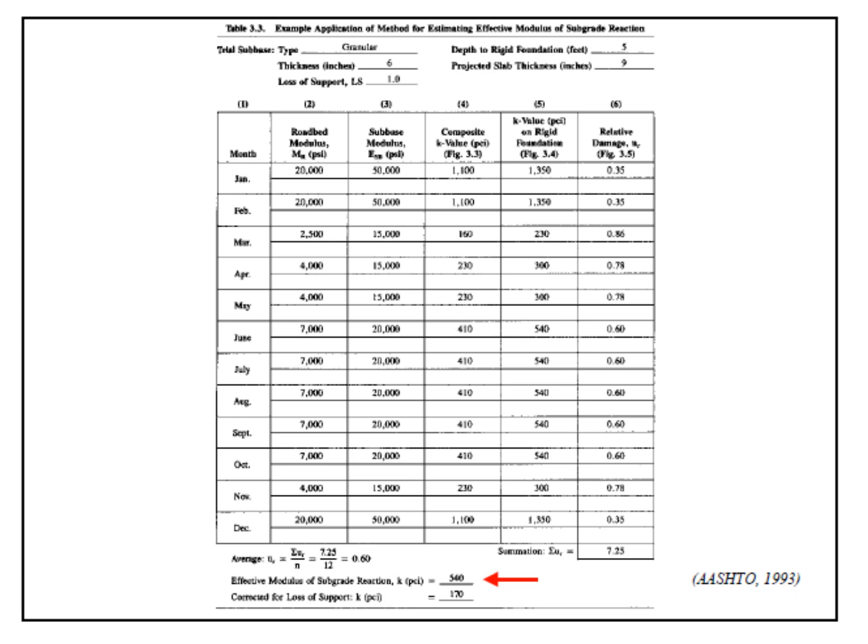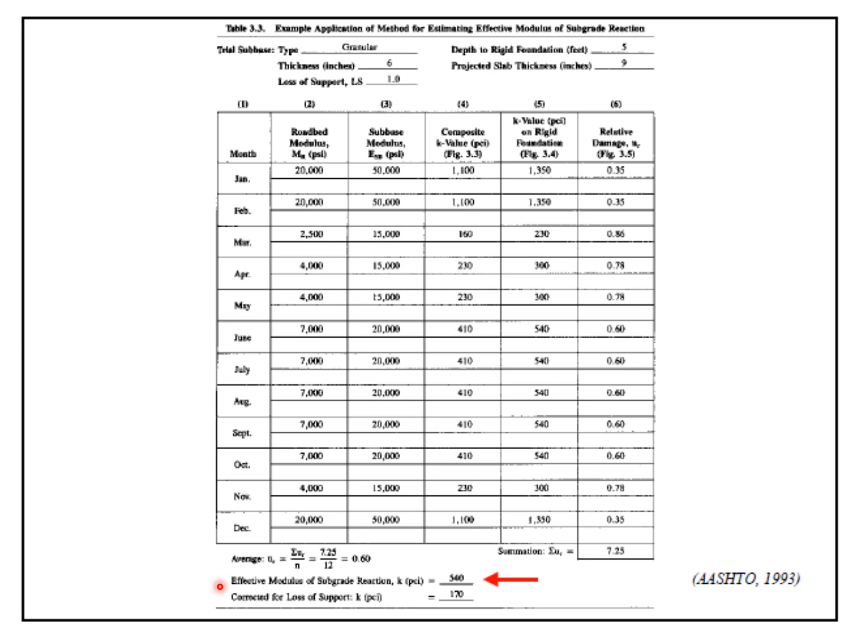relative damage value. And then you can see the next thing mentioned over here, that is the effective modulus of subgrade reaction in PCI, and then corrected for loss of support. Well, I will explain this, but on this particular slide I think things are clear up to this.